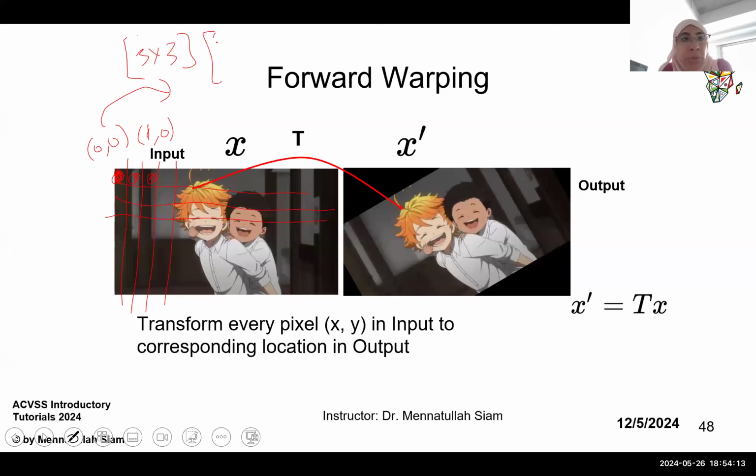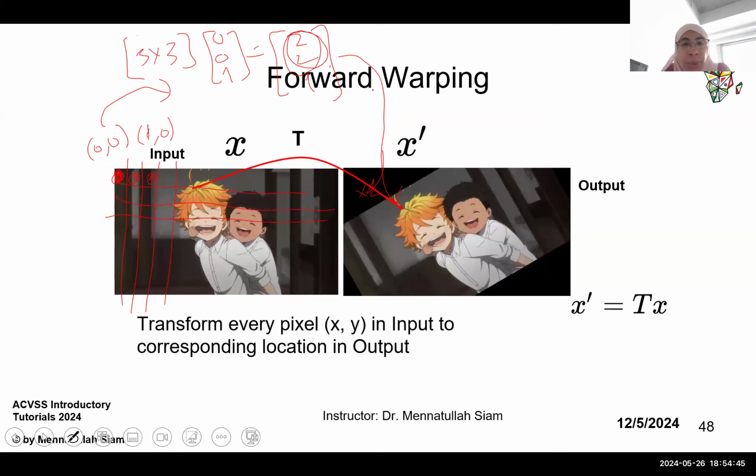Multiplying by 0, 0, 1 gets me an output, let's say 2, 2, 1, which means the location is pixel 2, 2. So I put the color that is here into here. This is one operation, the forward warping, the simplest thing to do.